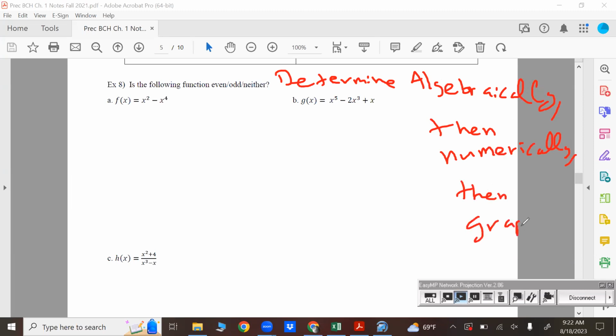I know I'm being kind of a hard ass here. But the reason why I care about that, when you can see how all three of those modes are happening and how they're all interconnected, that just enriches your understanding of the stuff. This is when you start becoming a great mathematician, when you can start seeing all these things and how they're all interconnected, right? Algebraically is what you do. You replace x with negative x, see what happens.